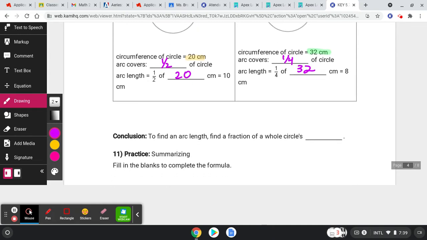Okay, to find an arc length, we're basically finding a portion or a fraction of a whole circle's circumference or perimeter.